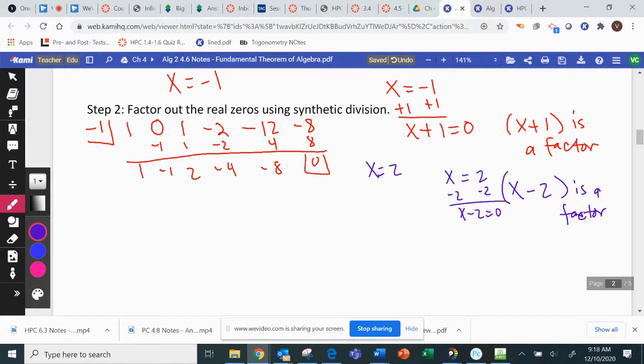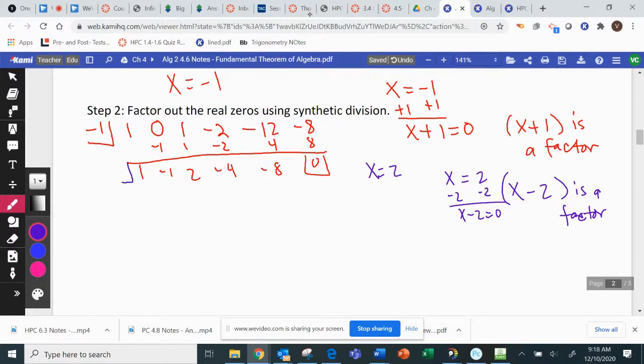I go off of the numbers that I got from the first time I did synthetic division, because we want to keep making this smaller. So I'm going to do synthetic division, bring down the 1, multiply, add.